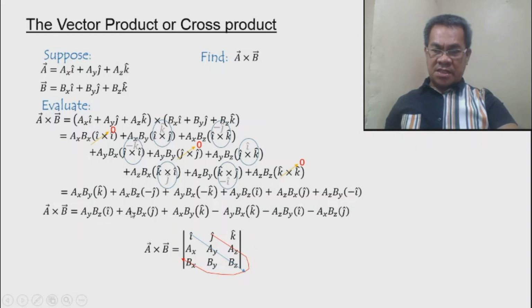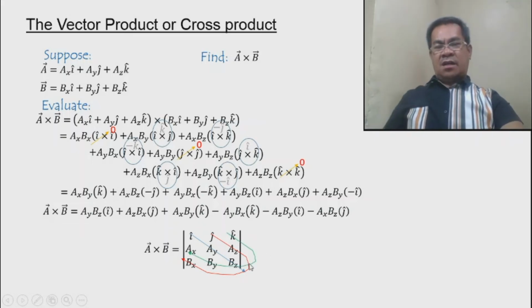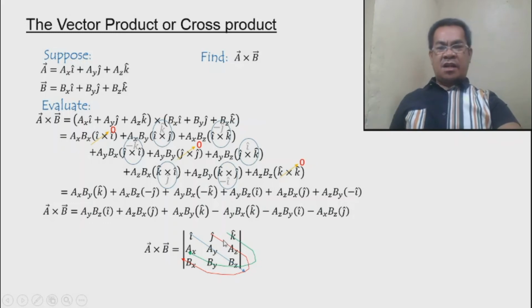This is the result, AZ BX J hat. You understand? Now if you repeat these two here, then you come up with AX BY K. That's it. These are the down diagonals, and these are all positives. Now the negatives are the reverse diagonals, diagonal up.